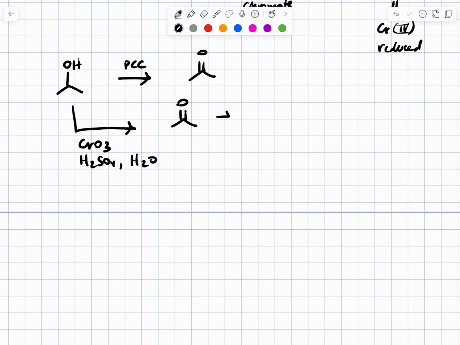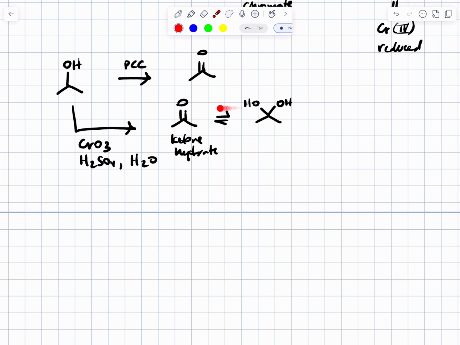It is true that under acidic conditions in the Jones oxidation, you can also form ketone hydrate. I would not expect you to go on and show this as a product simply because the ketone is always going to be in equilibrium with the hydrate when water is present. The ketone is the desired product.